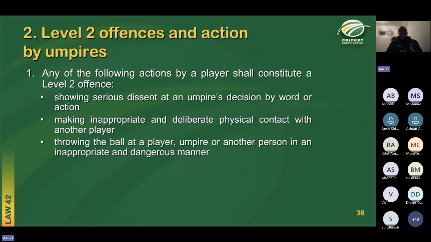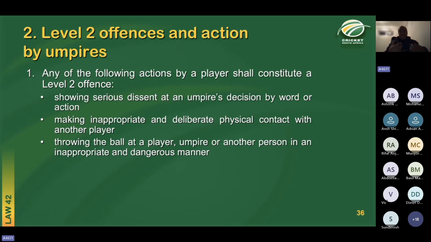So now we need to consider that throw by that bowler at that striker. Was it inappropriate? Maybe you could say it was appropriate because the striker was out of his crease for a split second. The law says it needs to be inappropriate and dangerous. So was it inappropriate?